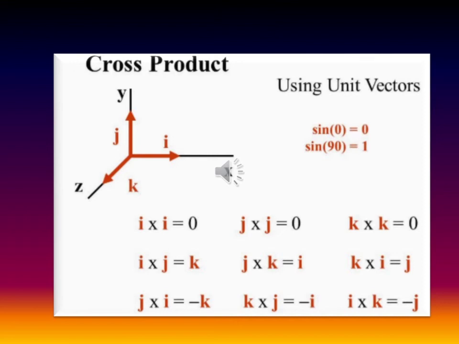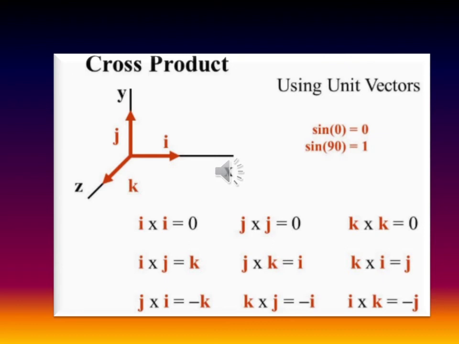Why is it 90 degrees? Because the x-axis and y-axis are separated by an angle of 90 degrees. So i cross j is equal to i j sin 90 n cap, and we know that the direction will be perpendicular to the plane containing both i and j, which is the z-axis. So the unit vector along the z-axis is k, so we will get i cross j is equal to k. Likewise, j cross k is equal to i, and k cross i is equal to j.